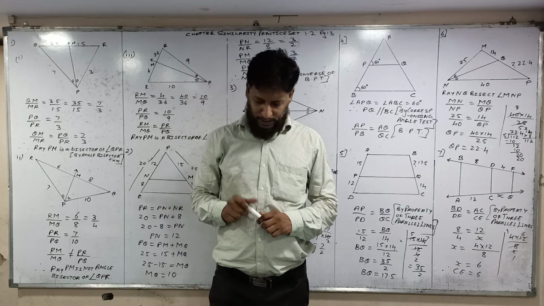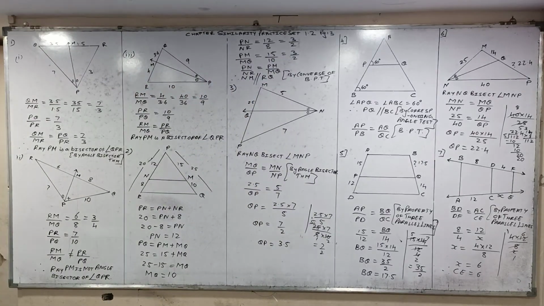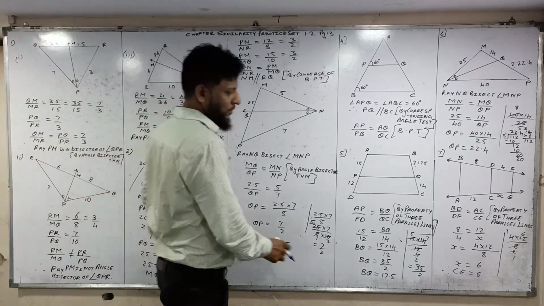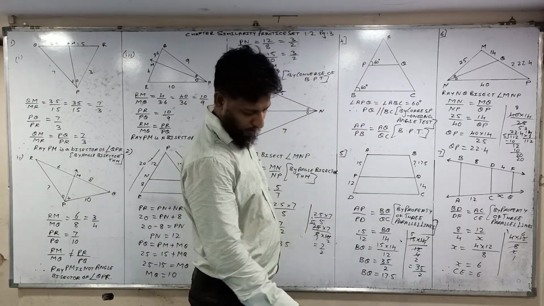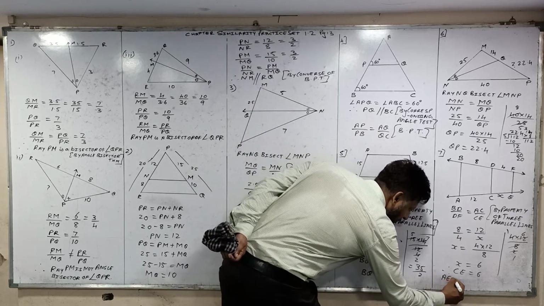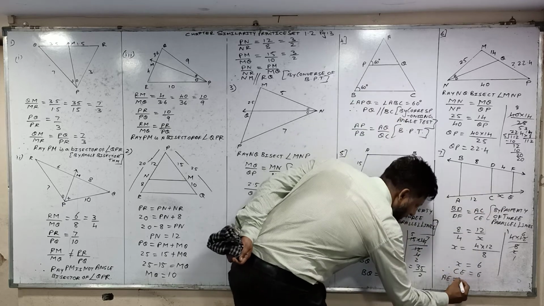Now sum number 8. CE is equal to 6. In the question, you have to find AE also. So AE is equal to AC plus CE.